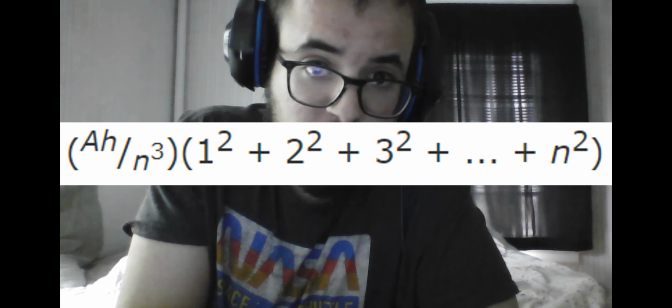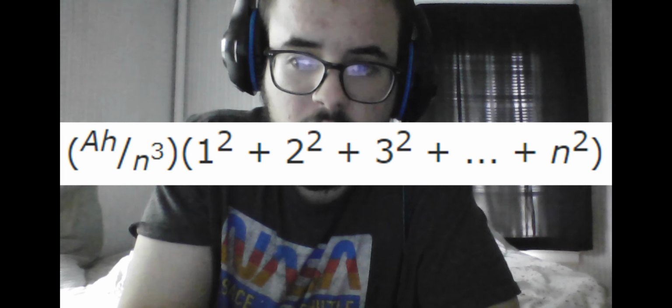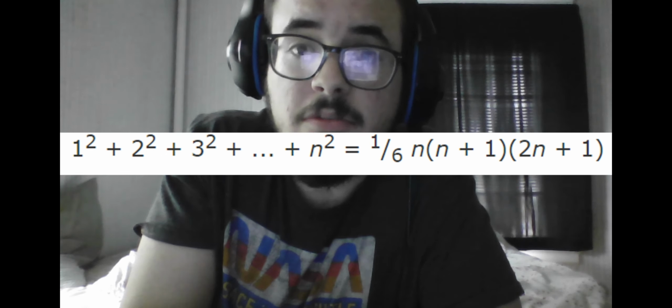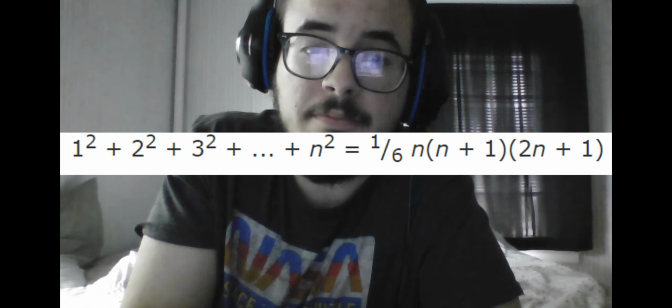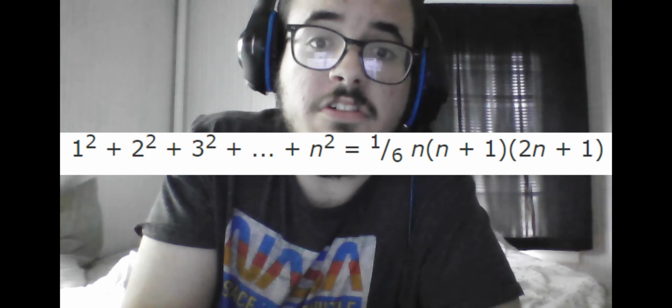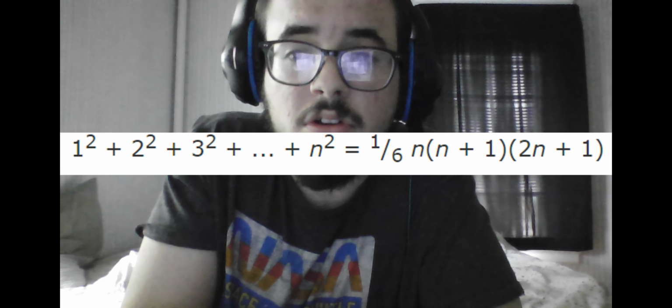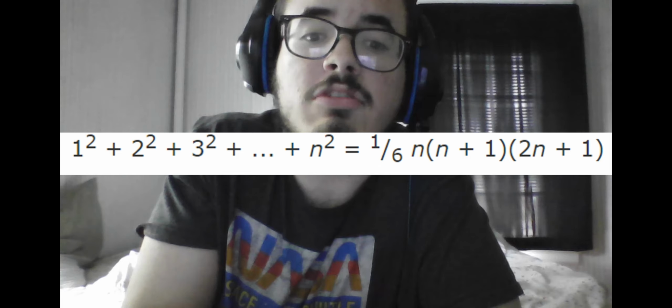But if you were to experiment with different numbers, you would see the result always becomes 1/6 times the number of elements involved in the sum, times, in parentheses, the number of elements plus 1, times, in parentheses, 2 times the number of elements plus 1.